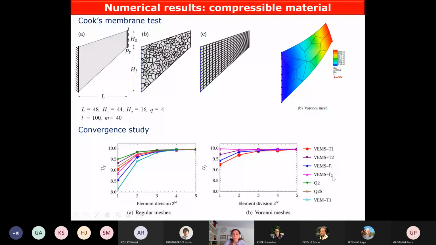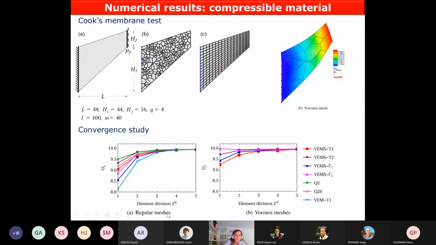We compare this with standard finite element, Q2 elements with 9 nodes, and serendipity finite element with 8 nodes, and also virtual element with first order polynomial scheme, so a low order virtual element is compared.